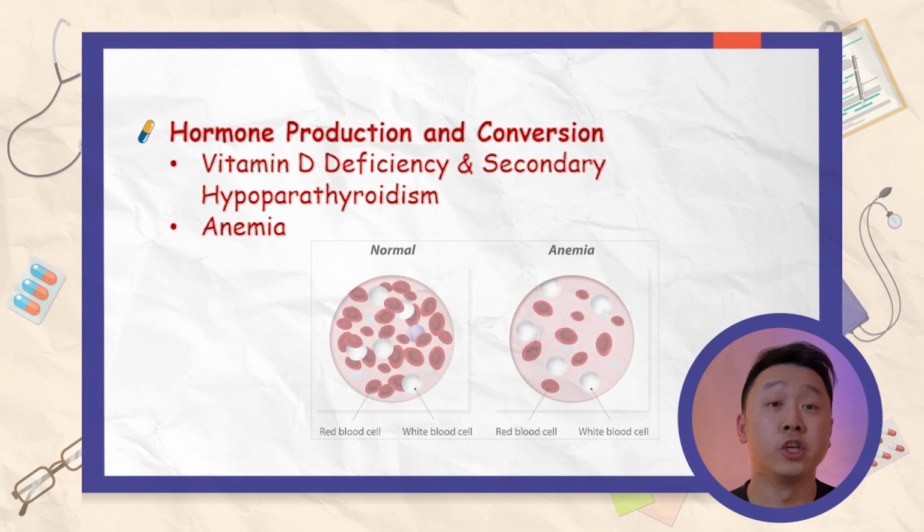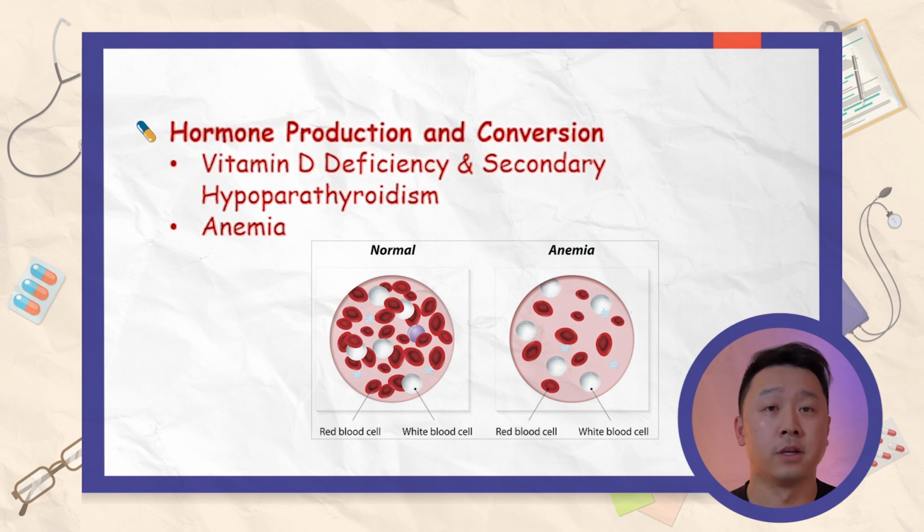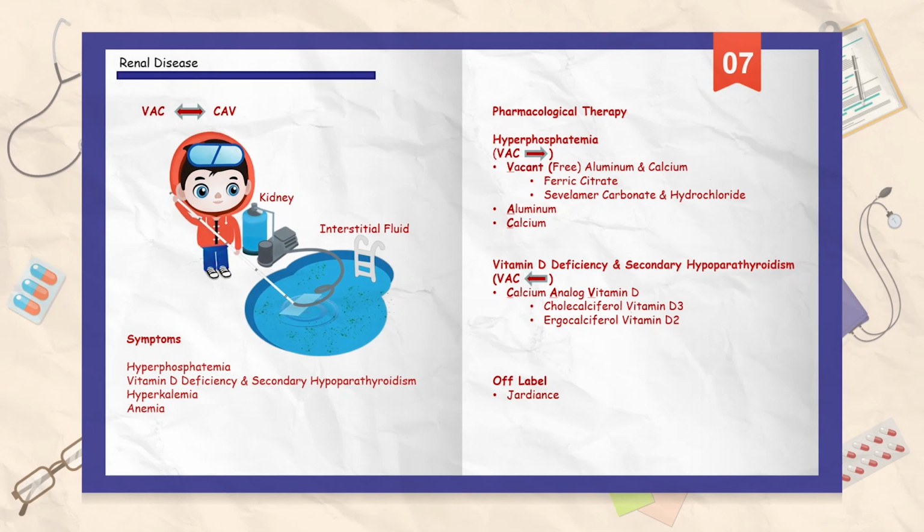And finally, the decrease in erythropoietin may lead to the decrease in the production of red blood cells, which ultimately leads to anemia.